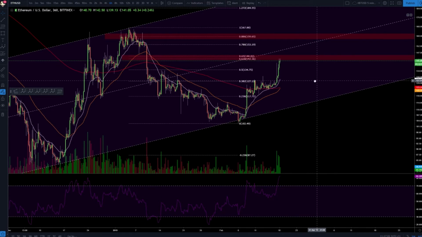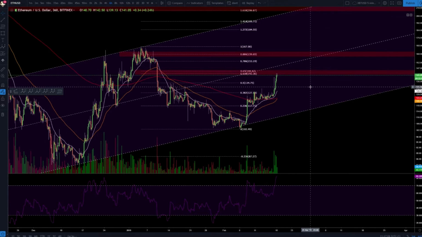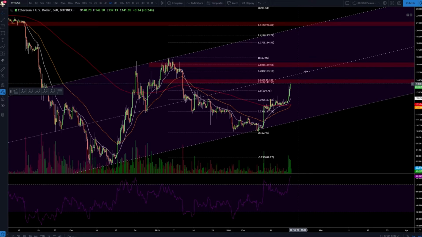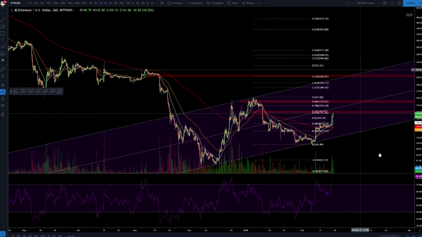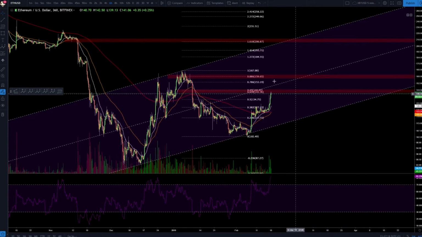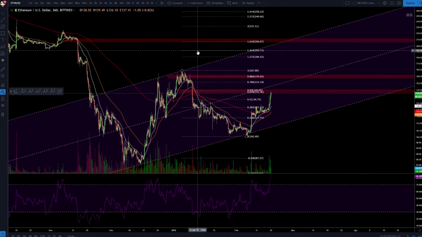So maybe Ethereum is leading this bull market. I'm not saying we're going into a big bull market, but at least a bull move to the 200, and then just to test it again and probably fall. I'm not going to lie, it's probably going to fall. That's just something you need to keep in mind as well.